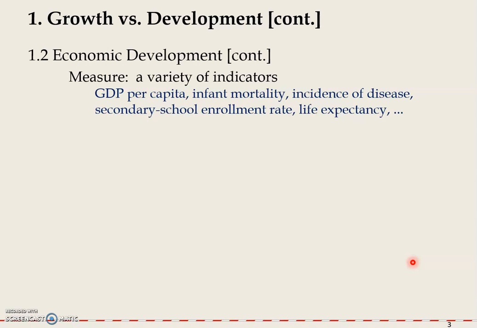And if your goal is to provide a more comprehensive measure of economic development, you would find HDI, which is the Human Development Index, probably more appropriate, because it covers education, health, and other things.